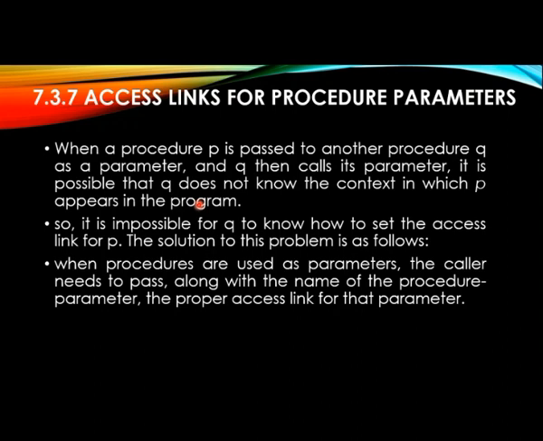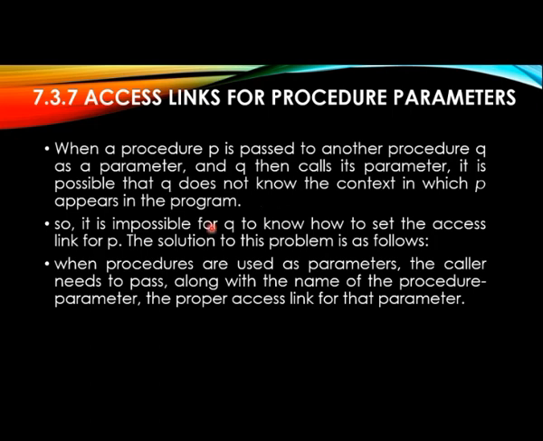In this situation it is possible that Q doesn't know how to allocate the activation record for procedure P. It is impossible for Q to know how to set the access link for P. That is the problem with access links for procedure parameters.